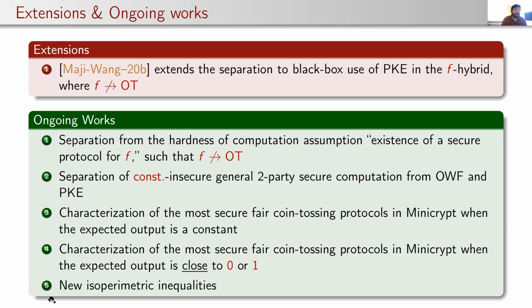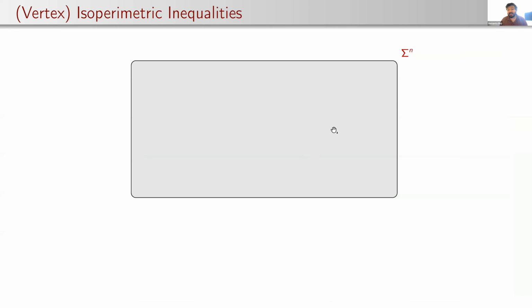One of the most fascinating connections that we establish are the connections to new isoperimetric inequalities. And let me discuss this because this has me really excited. So let's take a product space where sigma represents an alphabet set. Intuitively, you can think of sigma either as a small alphabet, for example, binary 0, 1, or you can think of a very large alphabet, for example, natural numbers. Suppose we are given a set S that is dense in the product space.